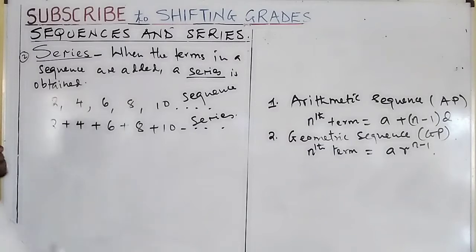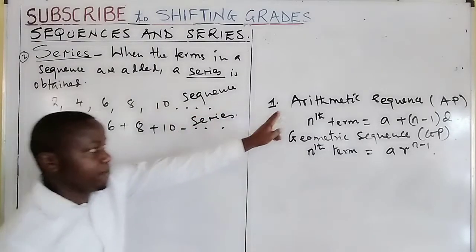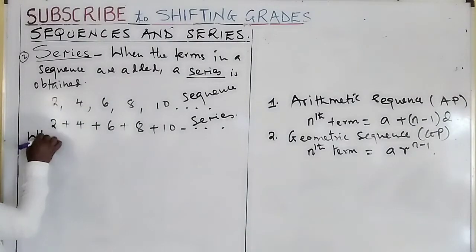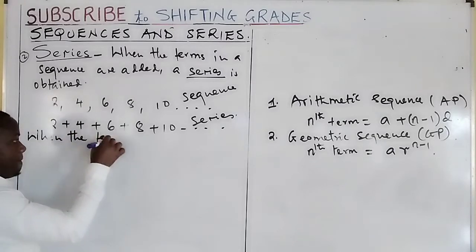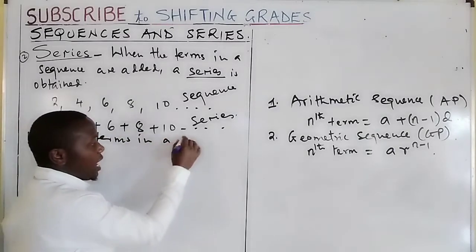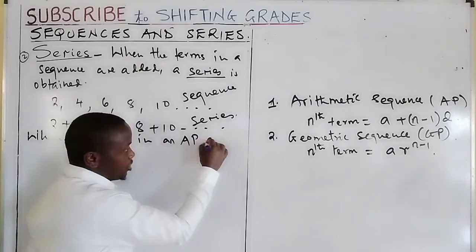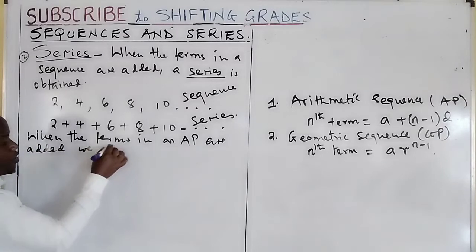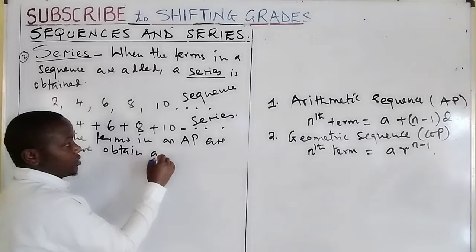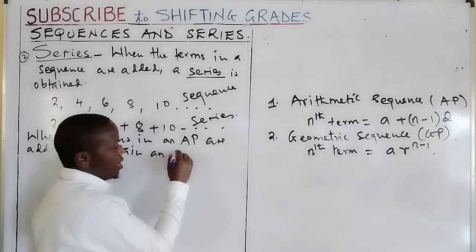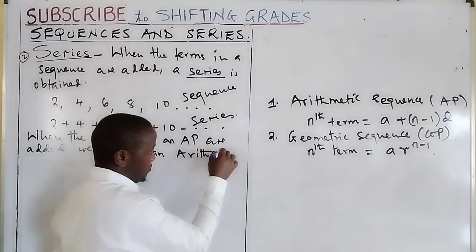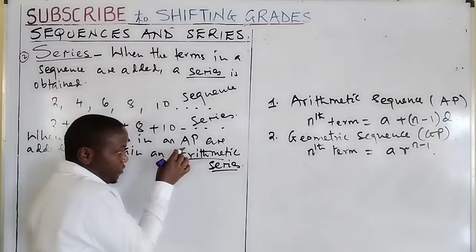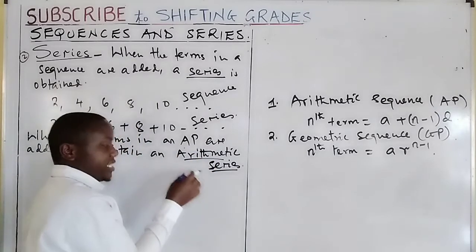Because for sequences we have arithmetic and geometric, when the terms in an arithmetic progression are added, we obtain an arithmetic series.